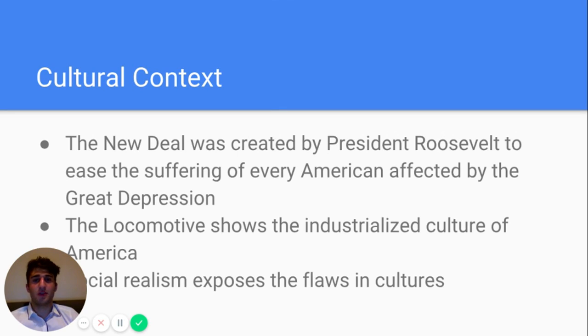Cultural context. The New Deal was created by President Roosevelt to ease the suffering of every American affected by the Great Depression, and the locomotive shows the industrialized culture of America, and social realism exposes the flaws in cultures, specifically the American culture and the industrialization, showing that not everything is good in life, because the workers have to deal with the hardships of a middle class job, working in the factories with the smoke and all that, and how the days are always gloomy.